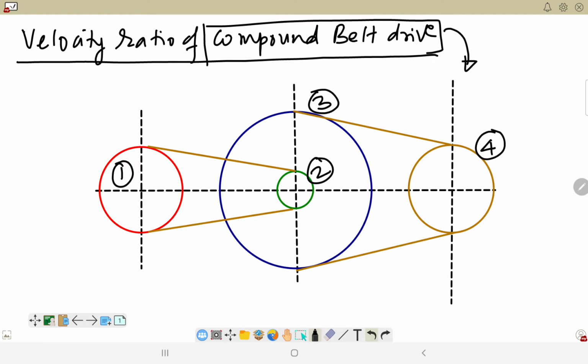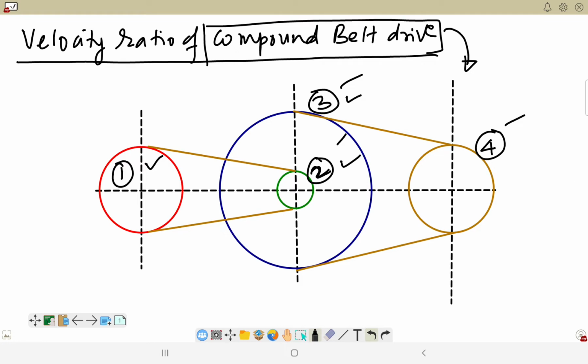Pulley number 2 and pulley number 3 are mounted on the same shaft, and all 4 pulleys are mounted on shafts which are parallel to each other.